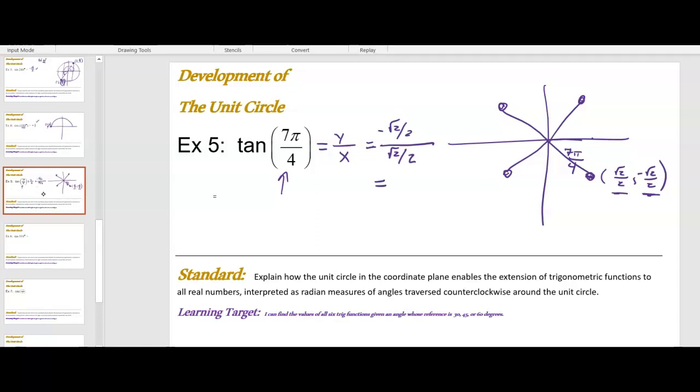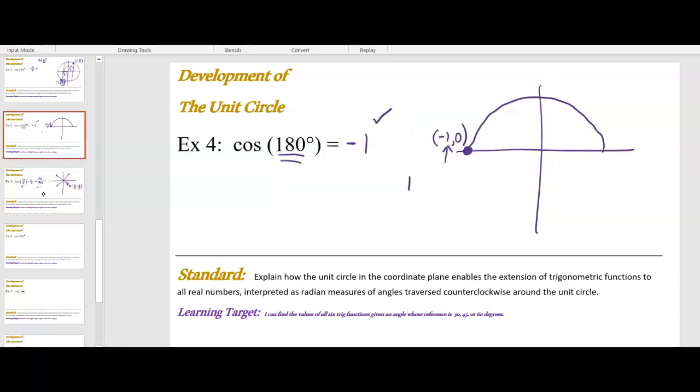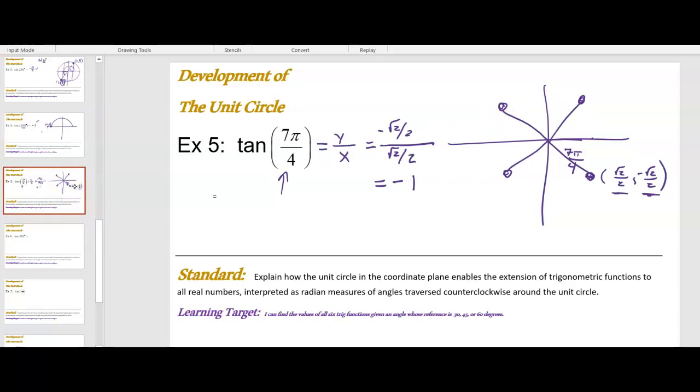So it's kind of nice. Negative root 2 over 2 divided by root 2 over 2 is negative 1. Final answer. Okay? You find the angle, therefore the corresponding point, and then the trig value at the angle is with respect to x or y.